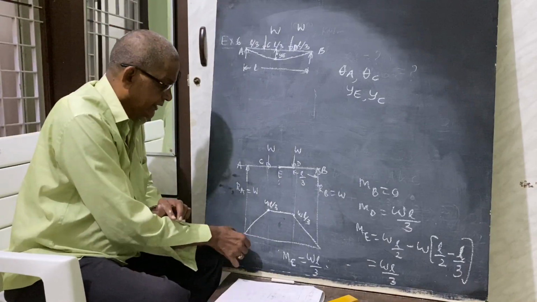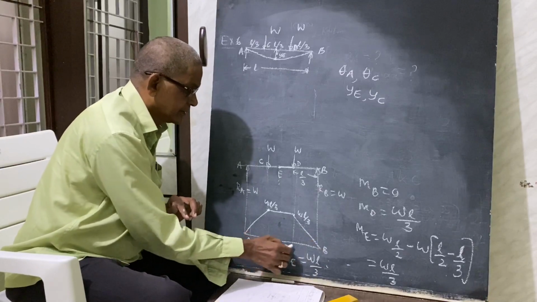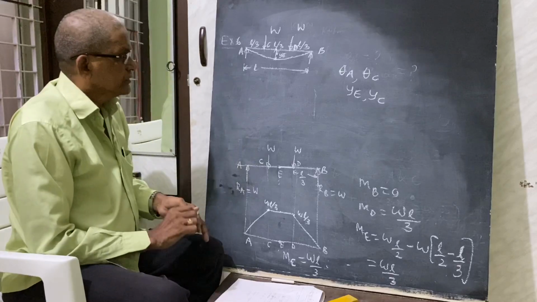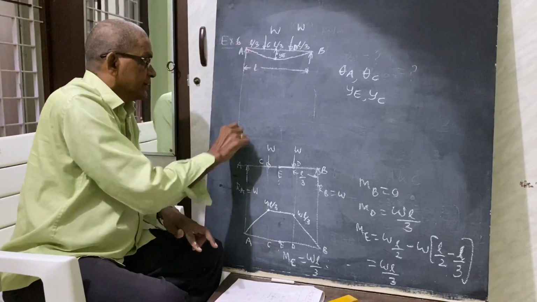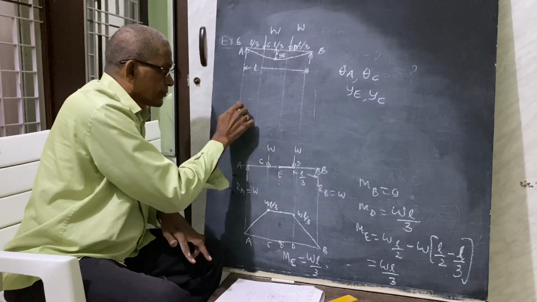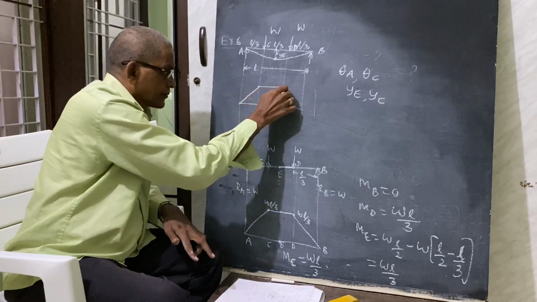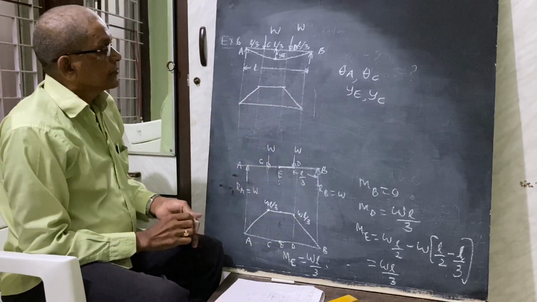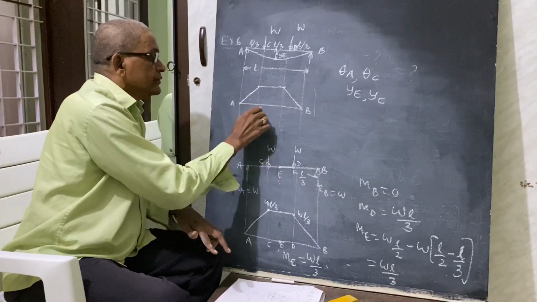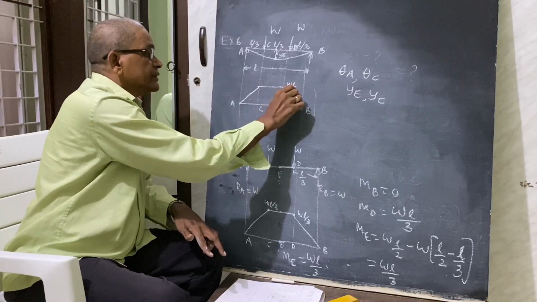So moment at A, B, C, D and E. We will draw the diagram here. So A, B, C, D. This is WL by 3.